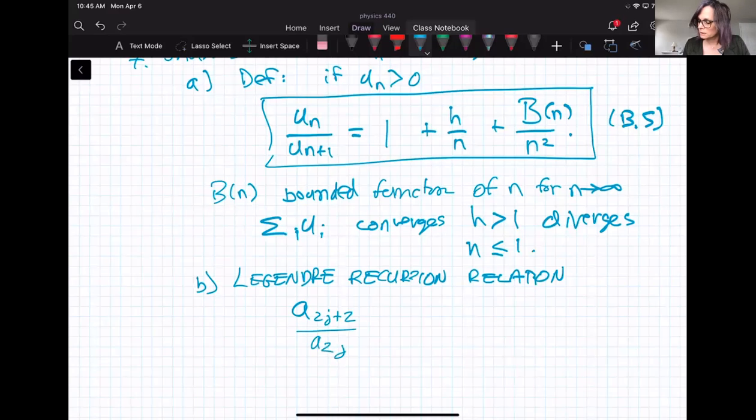the following. That is the ratio of a sub 2j plus 2 to a sub 2j, sort of alternating along the sequence, is equal to 2j times 2j plus 1, minus L times L plus 1, over 2j plus 1 times 2j plus 2.